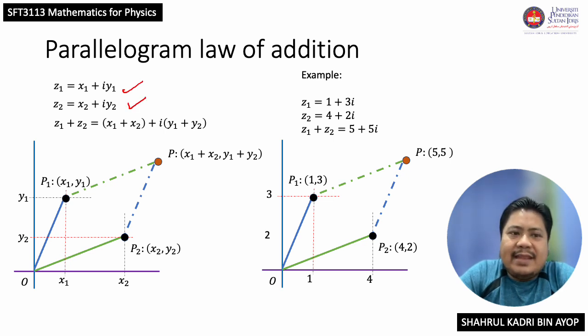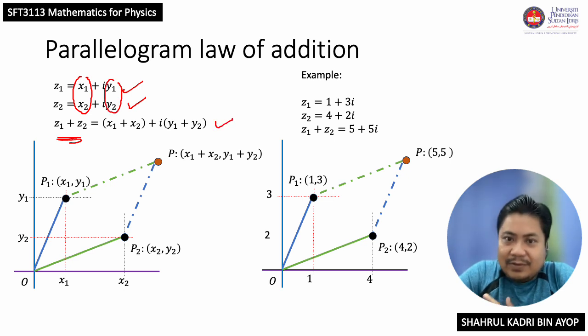When you add them, you add the real parts and the imaginary parts. Visually, if you plot z1 here and z2 here, the addition will be located here.